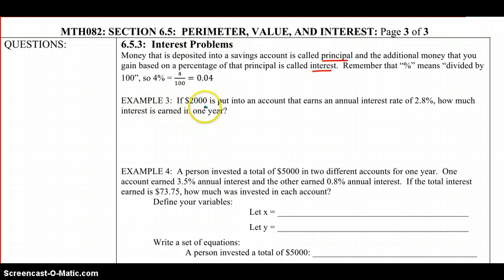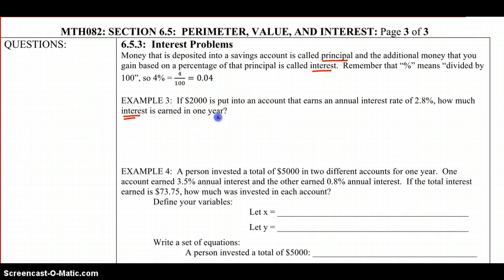Example 3 says: if $2,000 is put into an account that earns an annual interest rate of 2.8%, how much interest is earned in 1 year? The interest is the additional money that you gain, which is a percent of your principal.